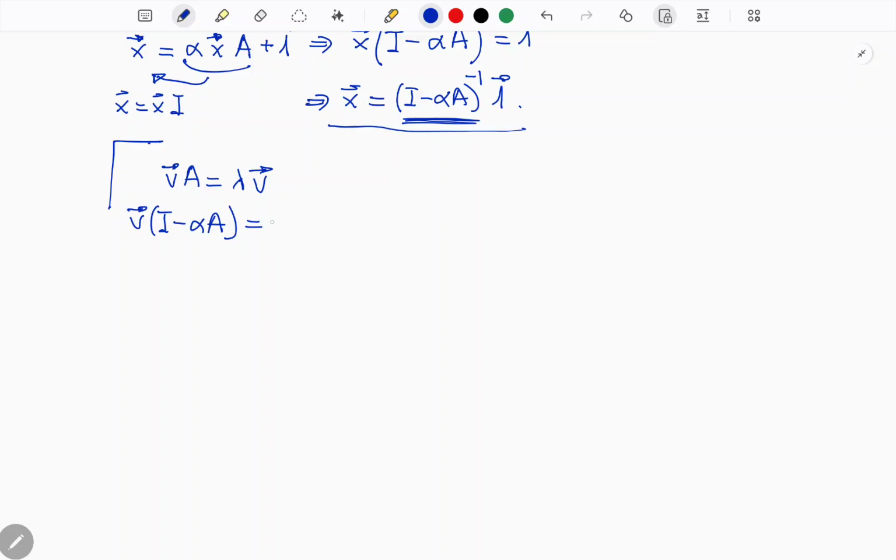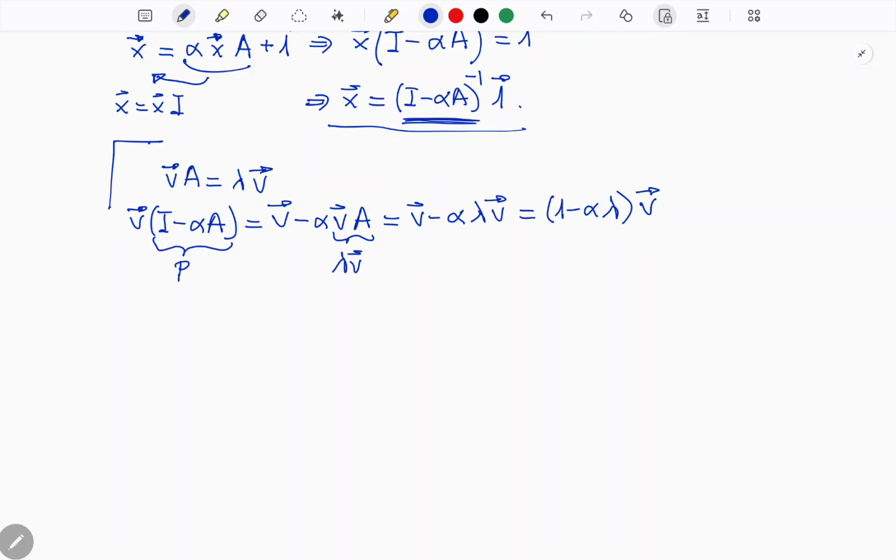The result is v minus alpha v times A, and we know that v times A is lambda v. So this is v minus alpha lambda v. In the end, this is also a multiple of v, so the result is proportional to v, just like in an eigenvector equation. Calling the matrix B, we have that v times B is equal to 1 minus alpha lambda times v.